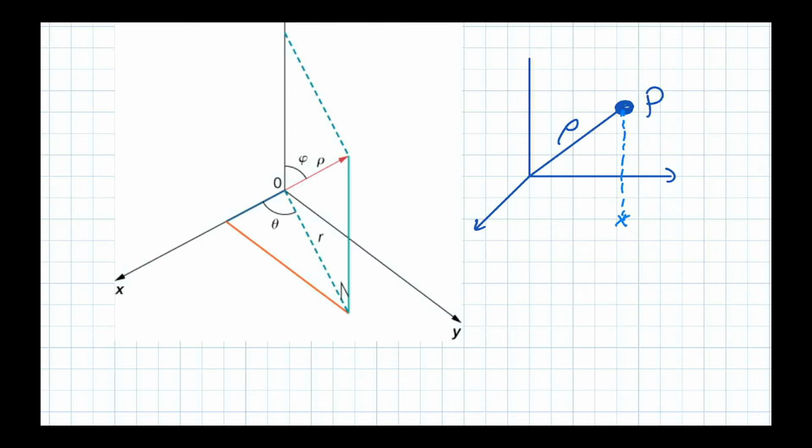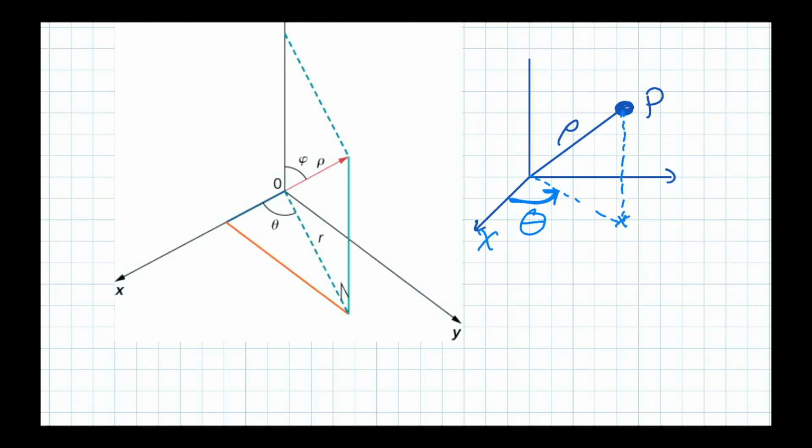That's its projection in the plane. Then the theta is measuring this. Okay, so that's still from the positive x-axis measured around counterclockwise, just as before. So from there to there, that's the theta.